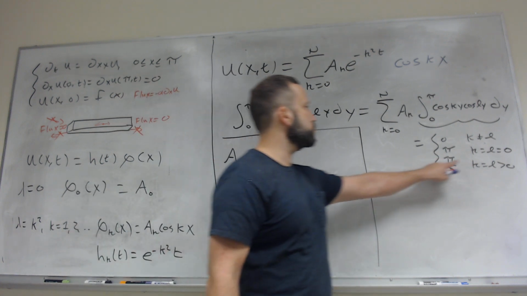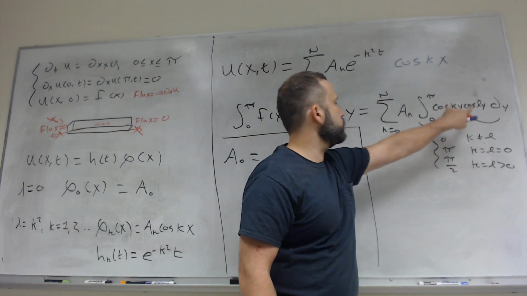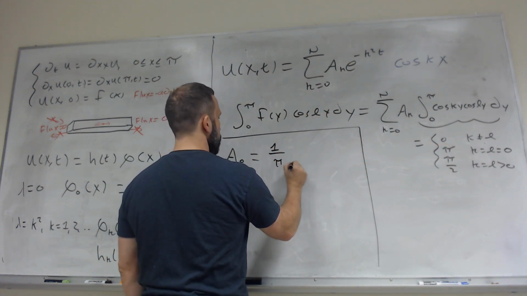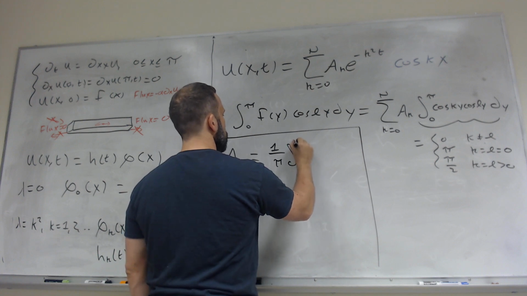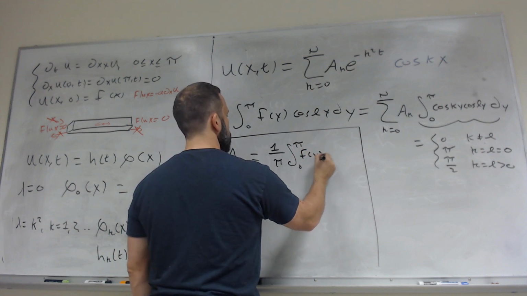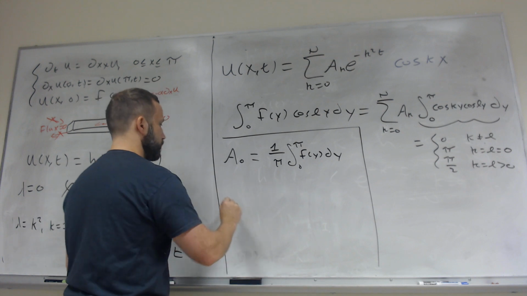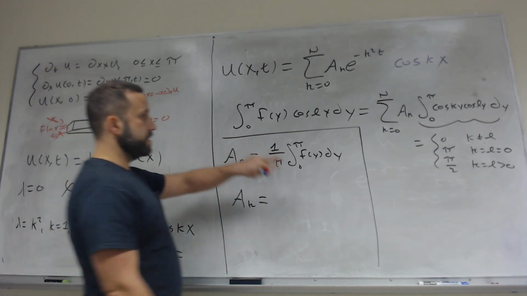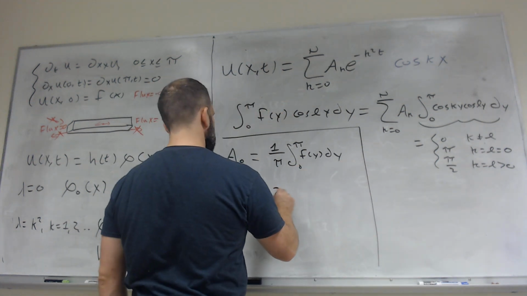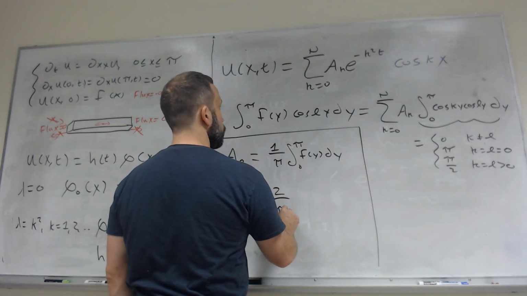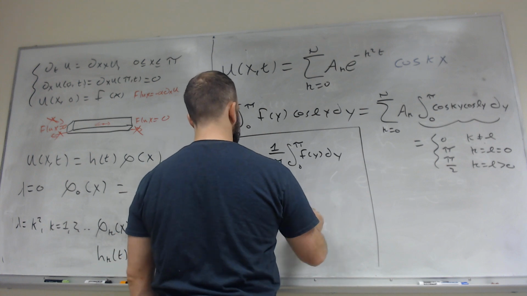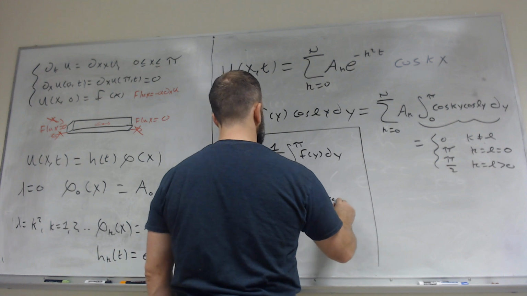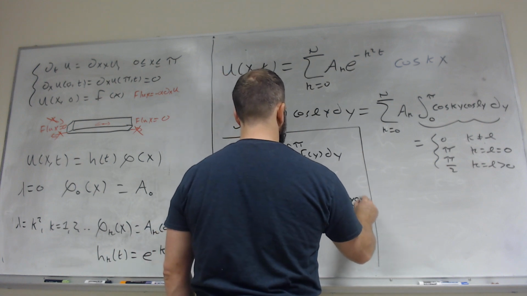If I'm in the k equals l equals 0 case, this integral is going to be pi, and so a0 is going to be 1 over pi times the integral from 0 to pi, f of y dy. And then for k bigger than 0, the integral is pi over 2, and so a k is 2 over pi times the integral from 0 to pi f of y cosine of ky dy.